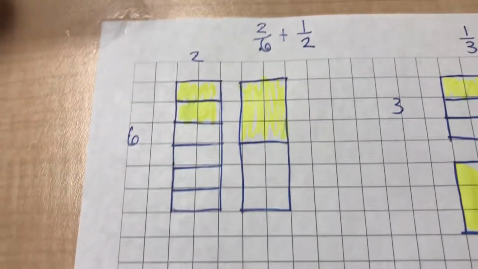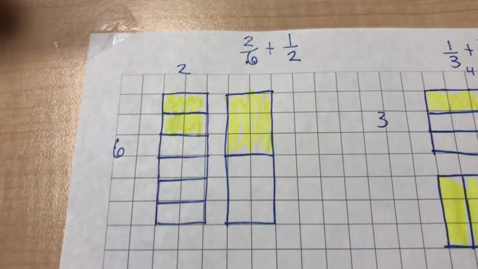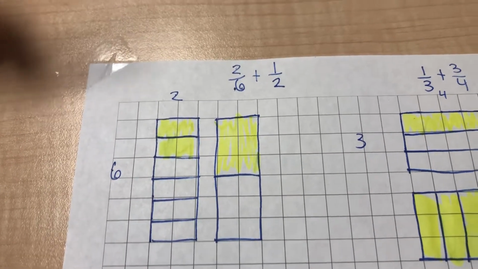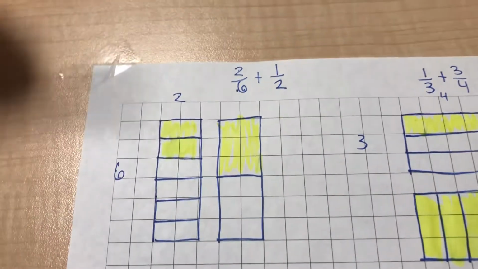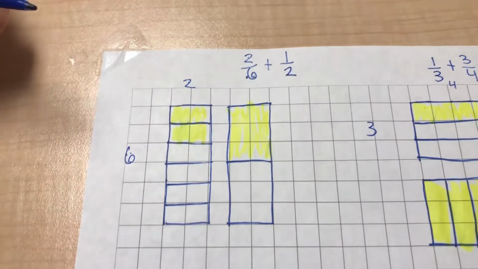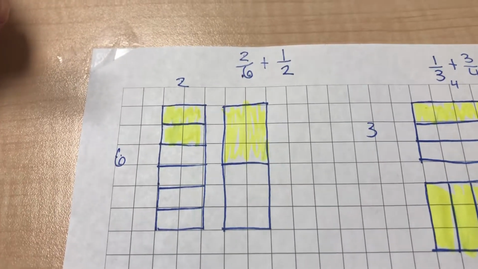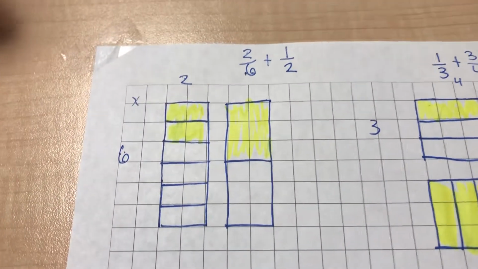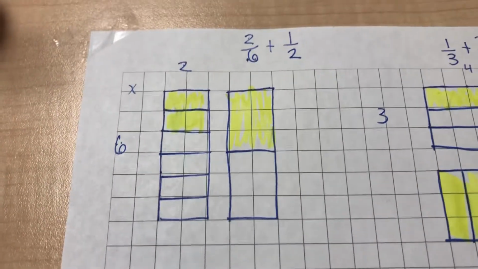Now, here's what's so great about the grid paper, guys. It literally has the common denominator pretty much outlined for them. If it's 6x2, it's also telling me that my common denominator would be 12, 6 times 2, because literally, guys, what you've just created is an array.